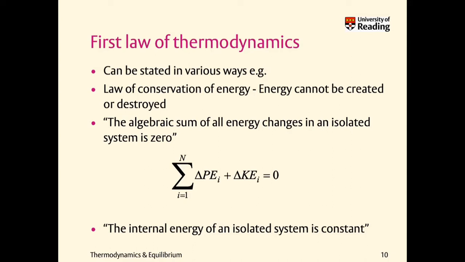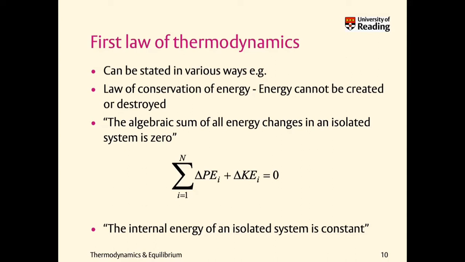So the change in internal energy that I talked about earlier, which is delta U, you can also say delta PE for the change in potential energy and delta KE for the change in kinetic energy. And it's often easier to measure a change in energy than to get a feel for the total energy of a system.